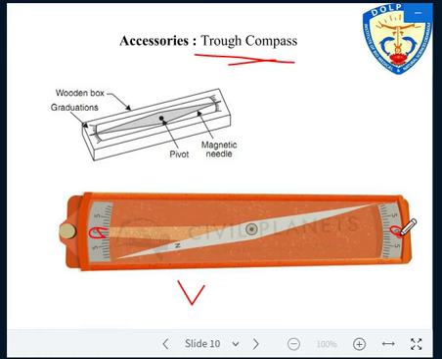Is it clear? It means how to use it. So when you are using this instrument, you have to move the instrument on the plane table till you get this 0 0. It means both the needles should represent the 0 0, and when you get the 0 0, draw a line, and that line is representing the magnetic north direction, right?